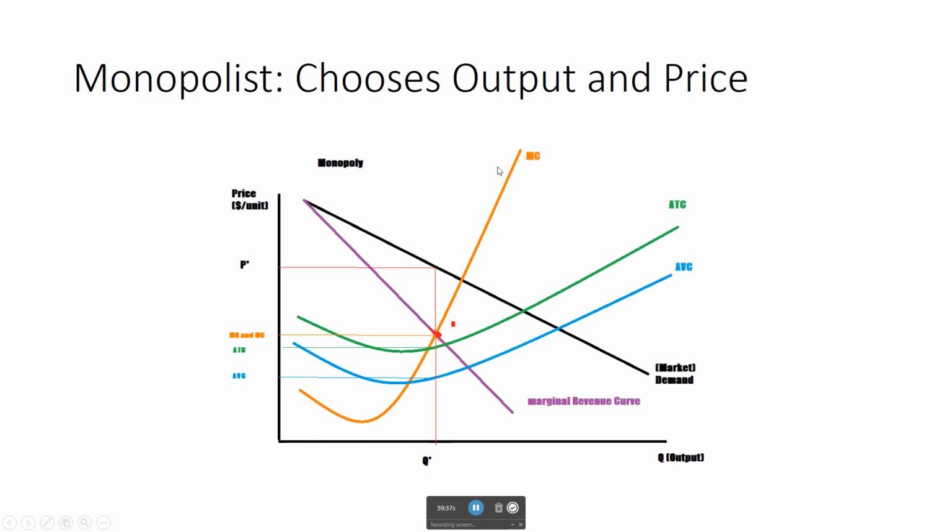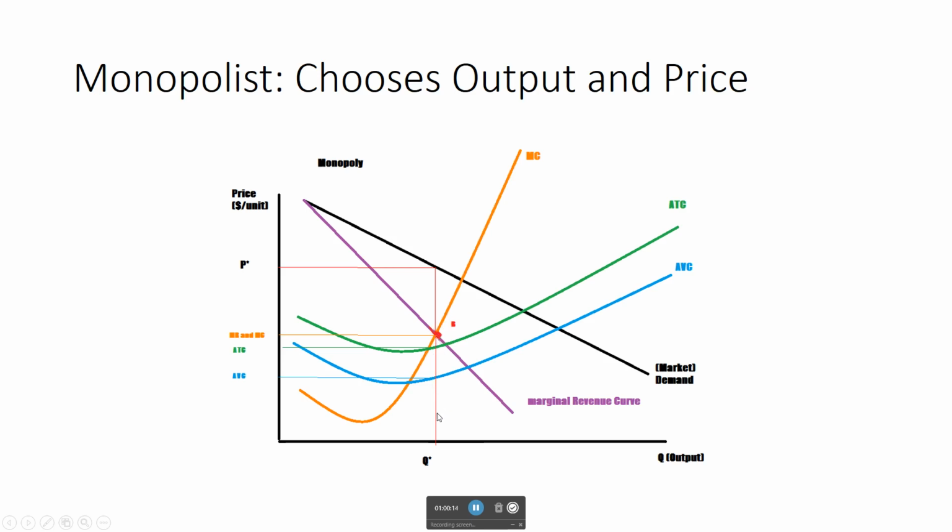Here we have the same types of cost curves that we have for other firms. Here's your marginal cost curve. Now, the important point is right here. That point right there where marginal revenue, the purple curve, crosses the orange marginal cost curve, that is where a firm maximizes its profits. Not just monopolies, but all profit maximizing firms will produce output to the point where marginal revenue equals marginal cost.